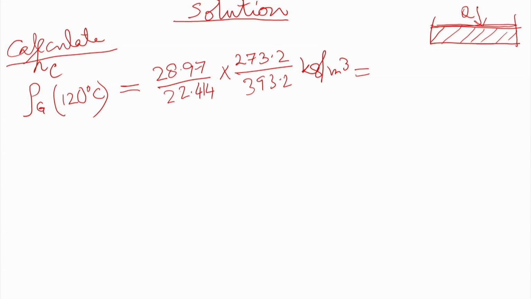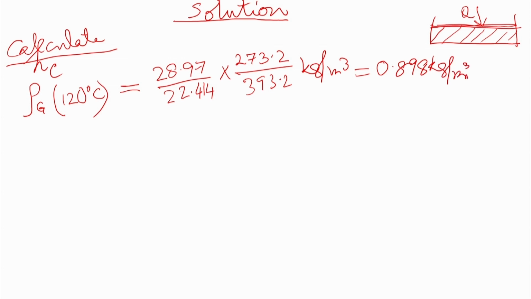If the density value were known, there would be no need for this calculation. There may be a small error because we are assuming the air is an ideal gas. Ultimately it comes as 0.898 kg per meter cube.